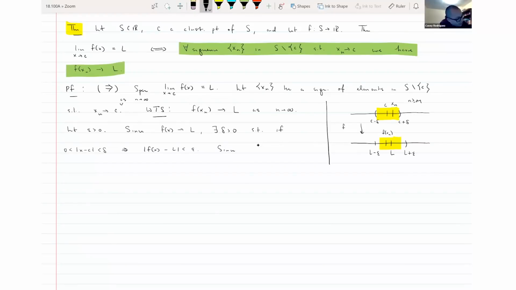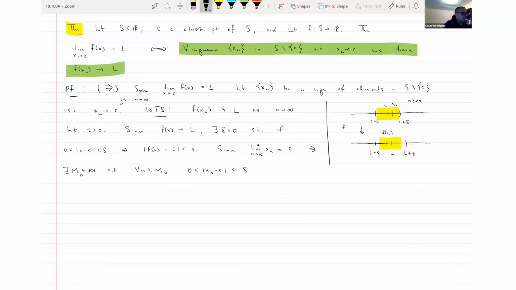Now, since the sequence x_n converges to c, there exists some natural number m_0 such that for all n bigger than or equal to m_0, and since all of these x_n's are not equal to c by assumption, they're in the set S take away c, the absolute value of x_n minus c is bigger than 0 and less than delta.